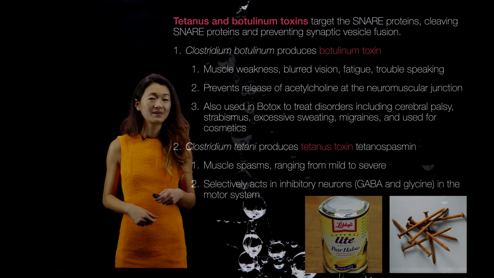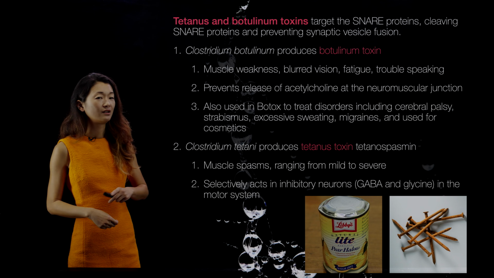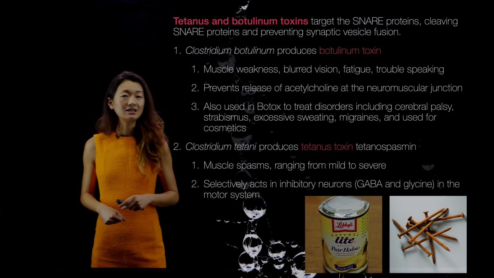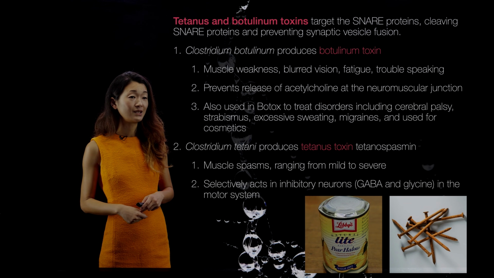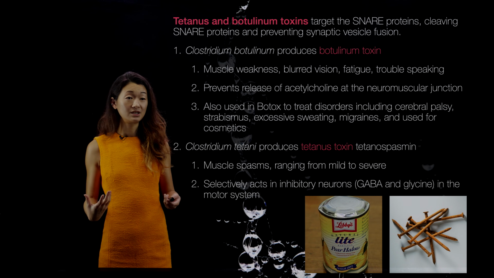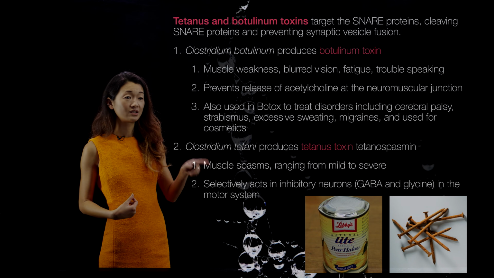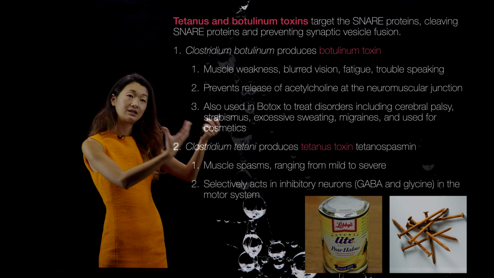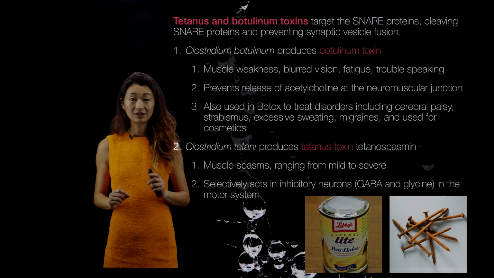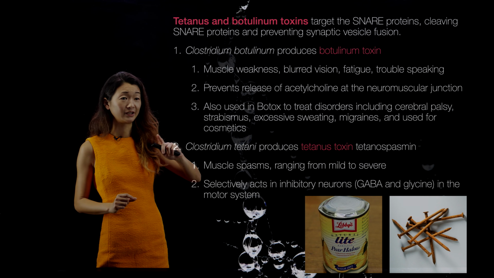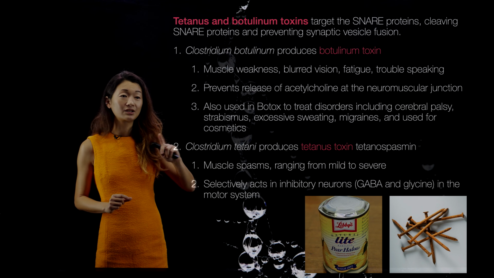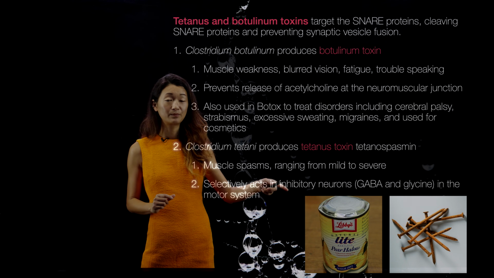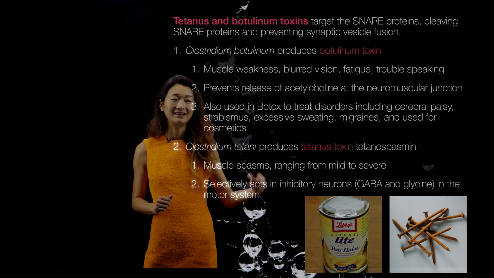So that's botulinum toxin. There is also another bacterium called Clostridium tetani, which produces the tetanus toxin. Tetanus toxin is similar to the botulinum toxin in that it also targets the SNARE proteins, but it targets them at a slightly different subset of synapses. Instead of targeting the acetylcholine neuromuscular junction synapses, the tetanus toxin targets the inhibitory neurons of the motor system, and these are GABA synapses and glycine synapses.